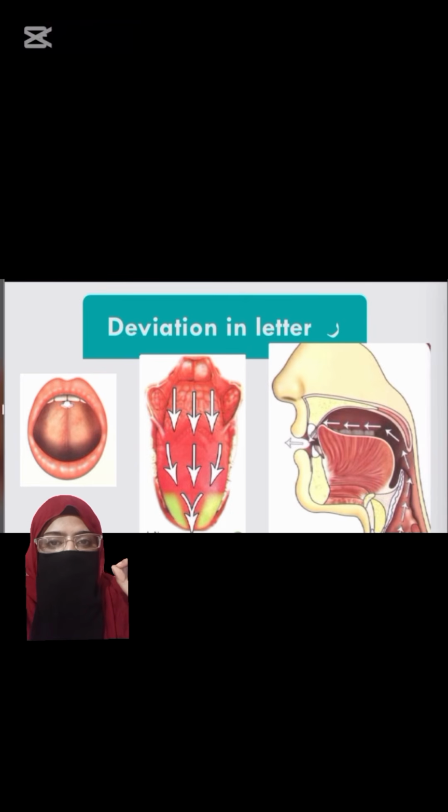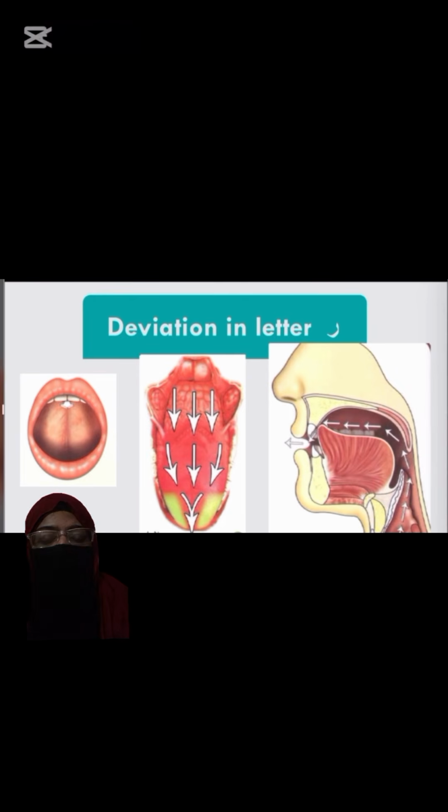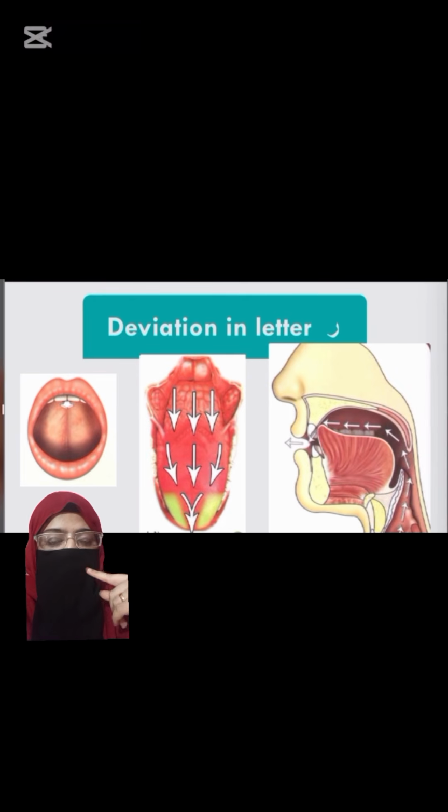That is the correct position, and it depends on the tip of the tongue and its pronunciation area, like ra, ri, ru, ra, ri, ru. The tongue must be positioned correctly so the sound can move and deviate naturally.